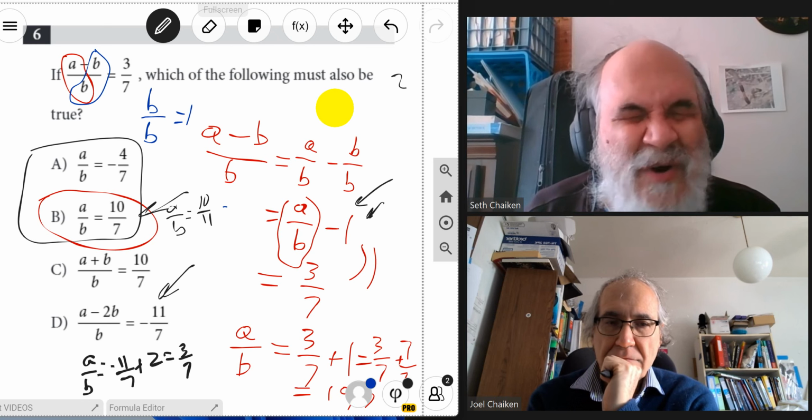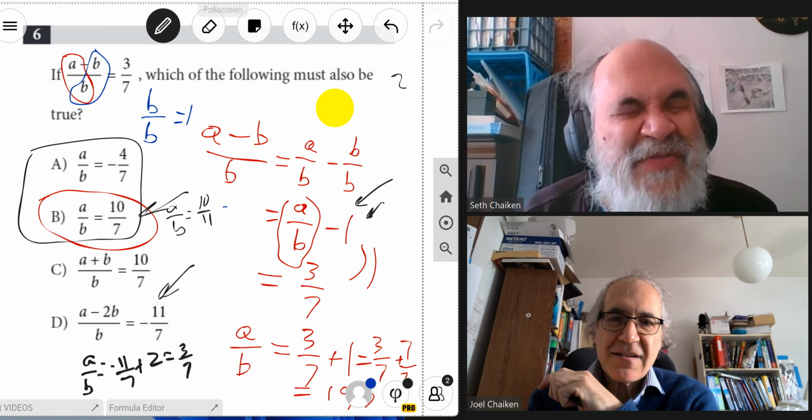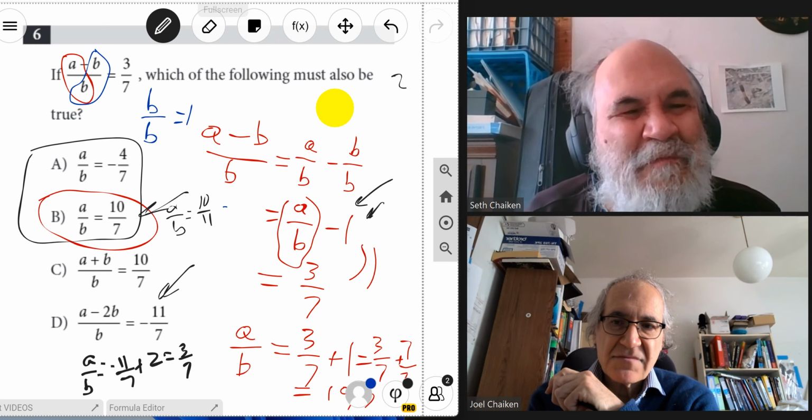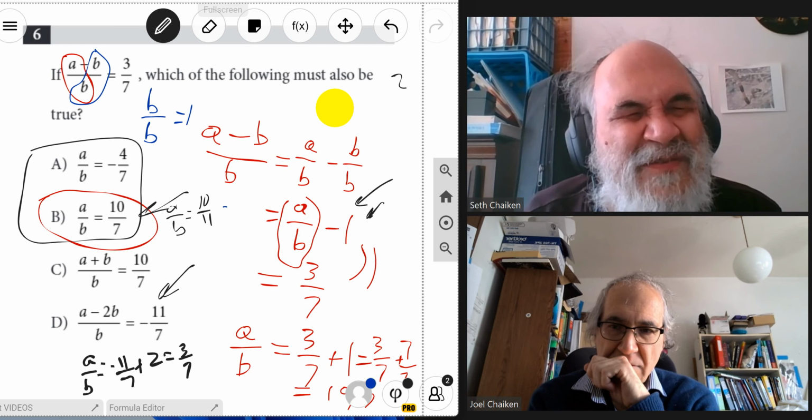Well, that doesn't match. Bingo, B matches. But they could have made this 11/7, and then they could have made this one 10/7 plus 1.